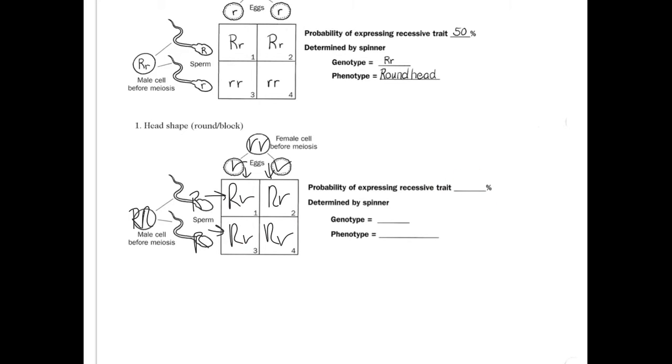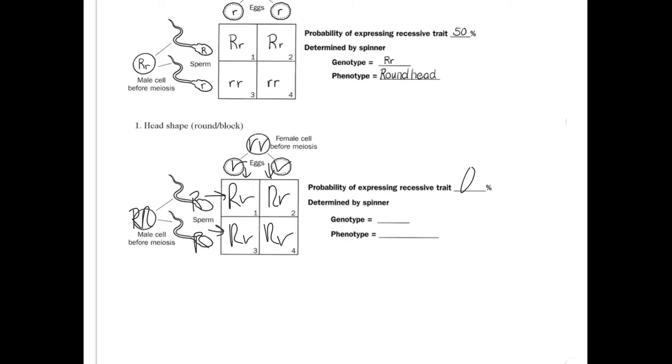Now over here on the right, they ask us what's the chance or probability that an offspring would end up recessive. And the only way to get recessive is to be like mom, which is homozygous recessive, and there's none of those, which means a 0% chance. For the genotype, now I go back to the spinner, and I spin, and I look at the numbers on the inside.